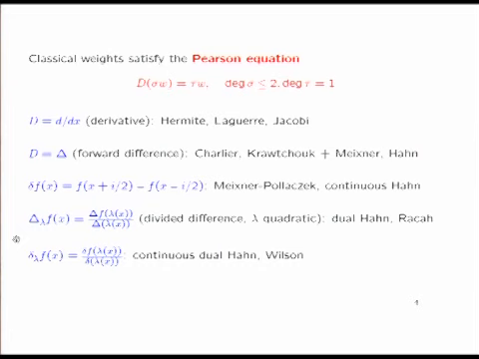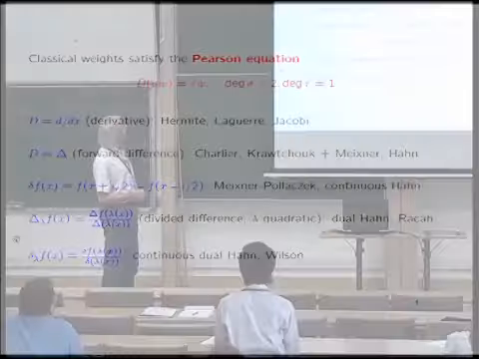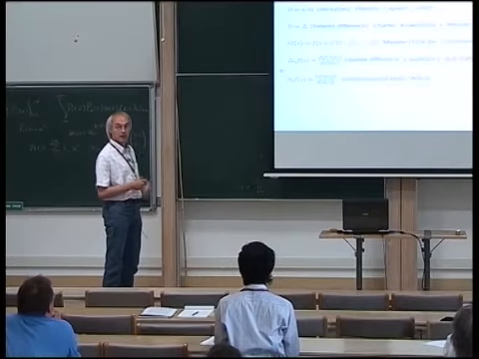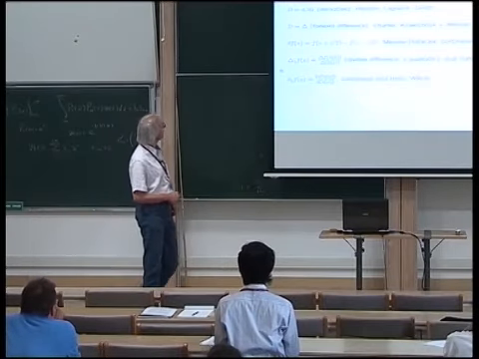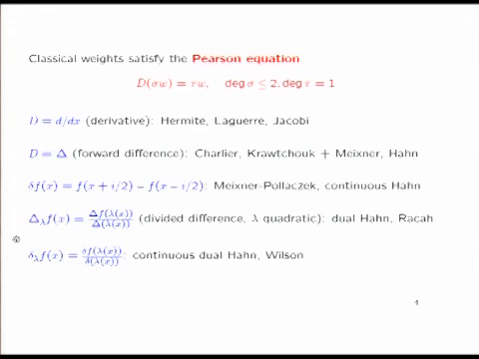You can always use the forward difference equation, and then you get some extra polynomials. You can use this complex difference equation, so you take a difference in the complex plane. That will give you the Meixner-Pollaczek and the continuous Hahn polynomials. You could use divided difference operators, where you combine a forward difference with a quadratic function.